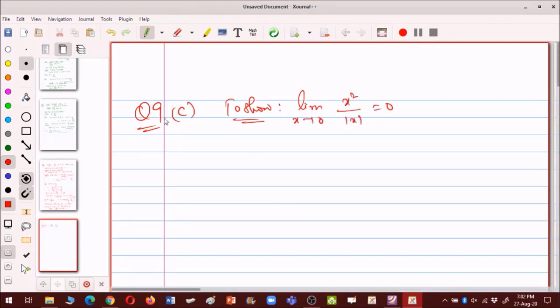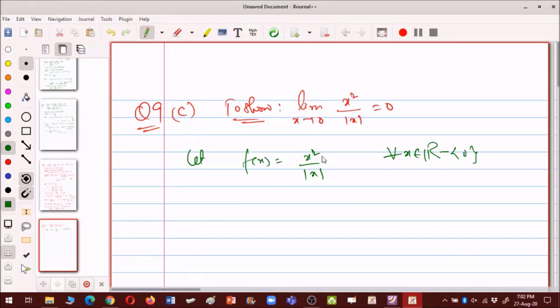So what we will do, let f of x be equal to x square by mod x for all x belonging to R minus 0, because this is not defined at 0, so we will exclude the 0. Since 0 is a cluster point of this, we can still define the limit at 0.